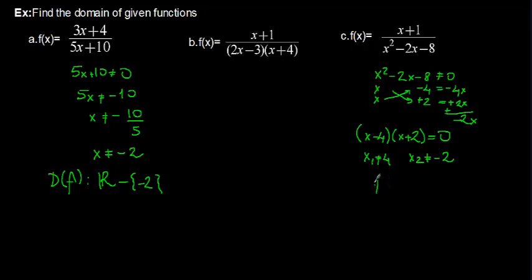That's why we are not going to take these two values in the domain, and we are going to subtract them from all real numbers: all real numbers except minus 2 and 4. And I'm using curly parentheses here, because we have only two elements, minus 2 and 4.